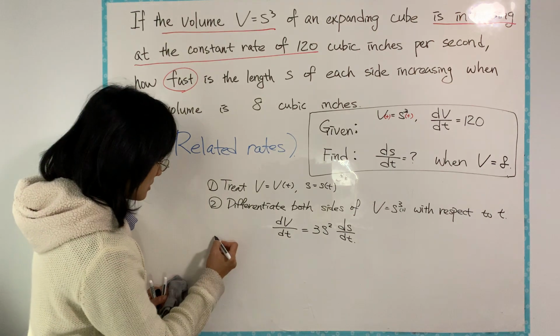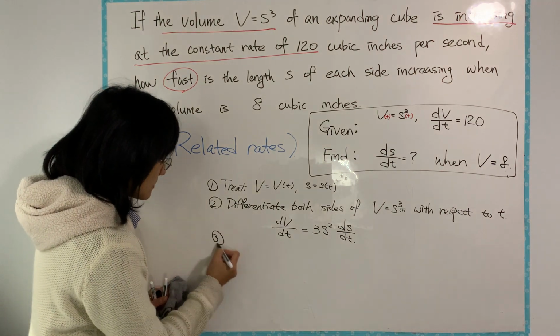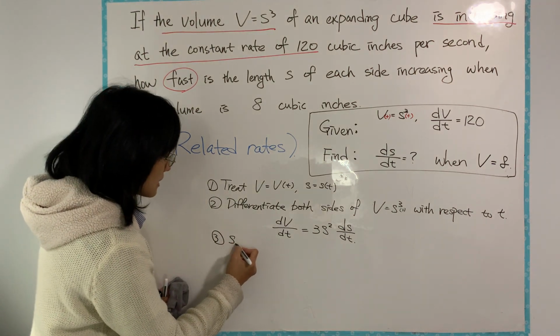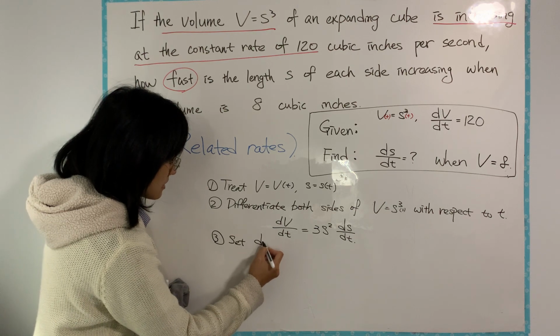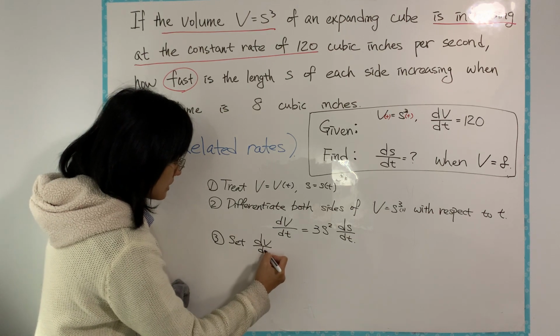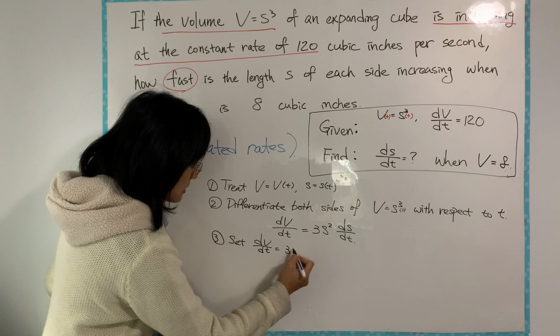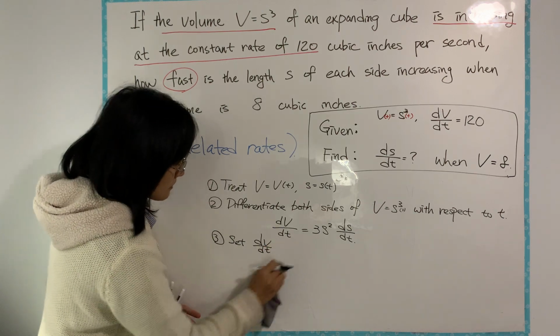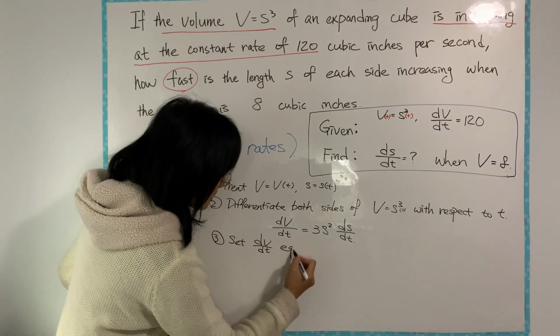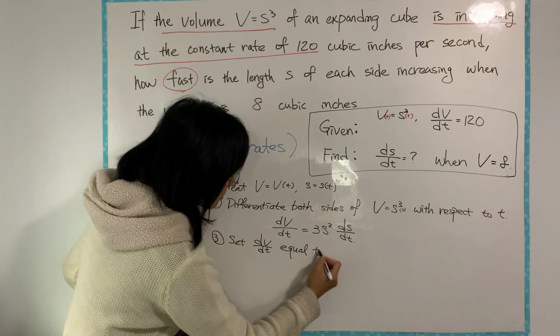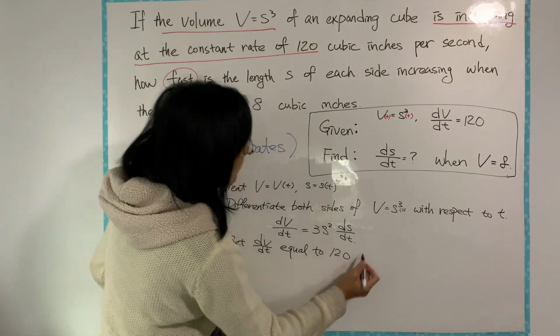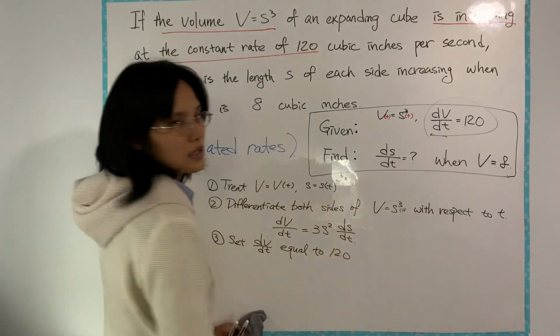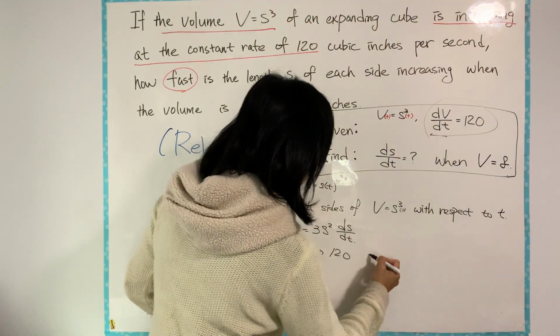Now set dV/dt equal to 120. Why? Because that's the given information.